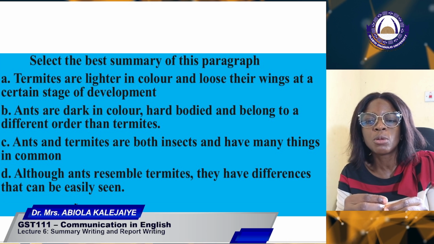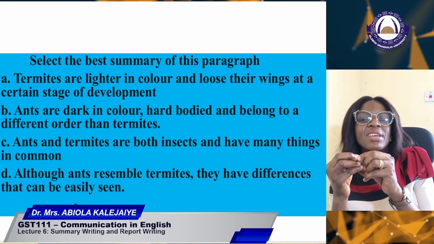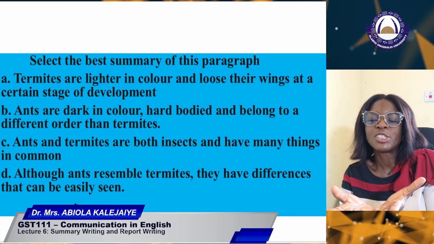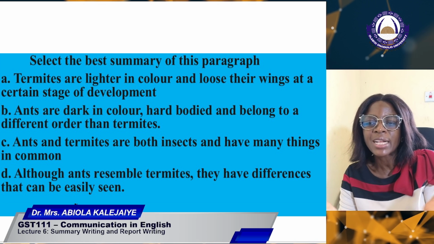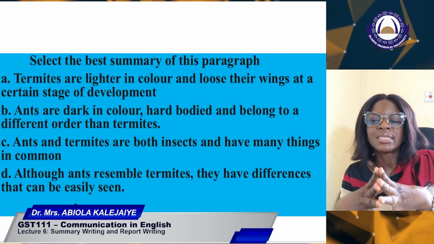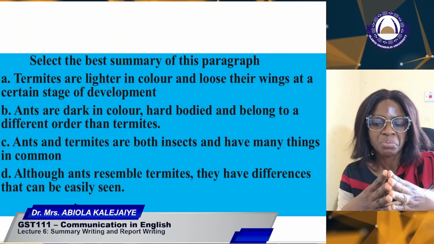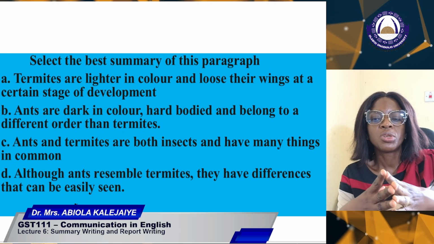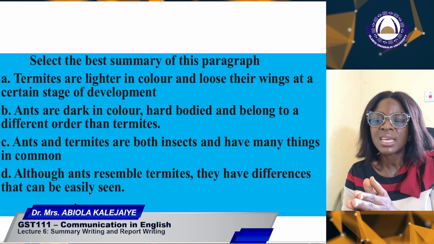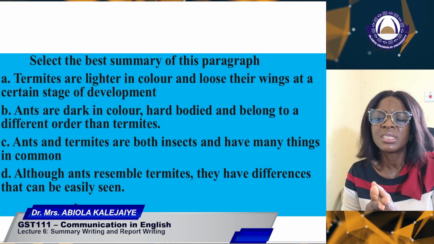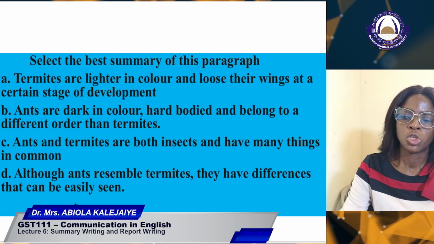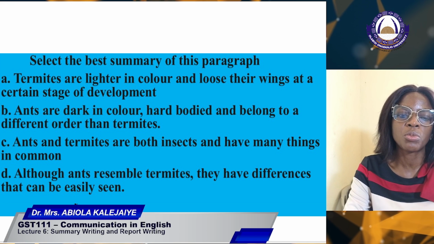If you pick option number 2, you have picked a characteristic of one of the items. Number 3, you have categorized them on the same strata, and there is nothing that can be used as a distinguishing element. But option number D, we see that yes, these and these have similarities, they also have differences which are quite visible. So that is that about summary writing.